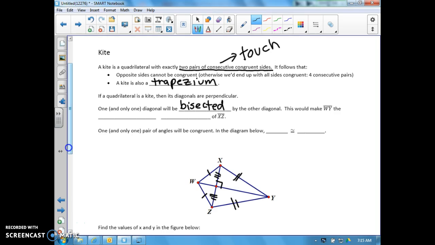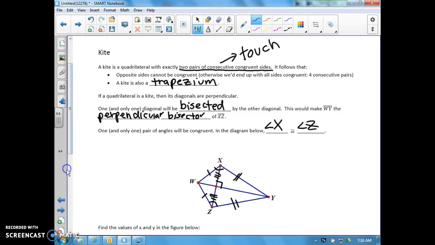So this would make WY the perpendicular bisector of XZ. One and only one pair of angles will be congruent. So in the diagram below, angle X will be congruent to angle Z, but nothing else will hold.